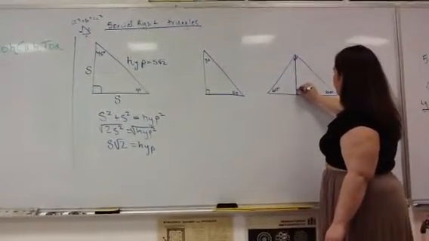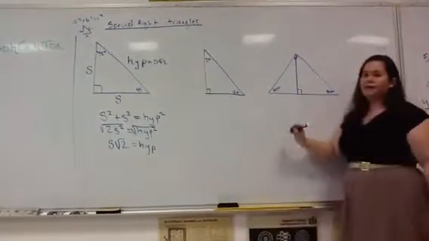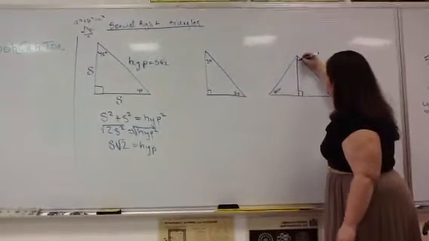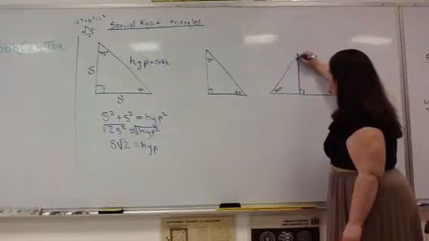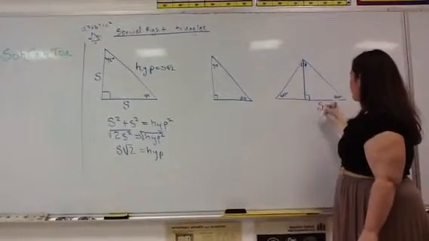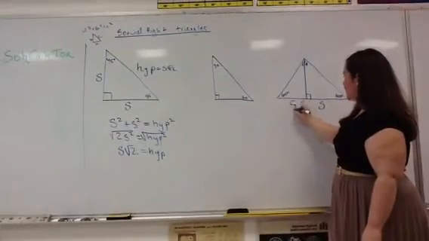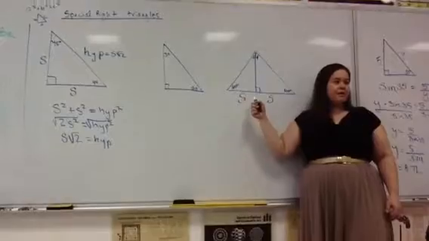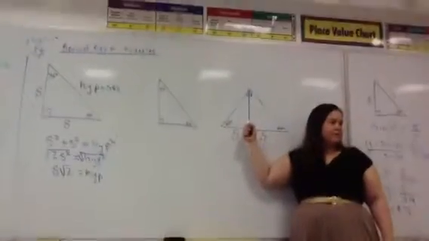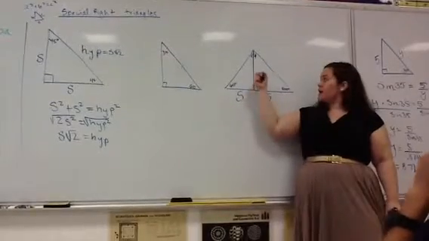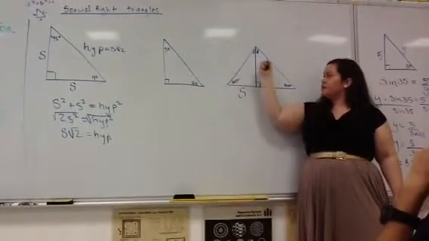Now, if we take the altitude in an equilateral triangle, that divides the angle in half, and that divides the side in half. I'm going to call that s, and that's also s. Equilateral triangle, side is bisected, angle is bisected by the altitude. We make this right triangle that is 30, 60, 90.